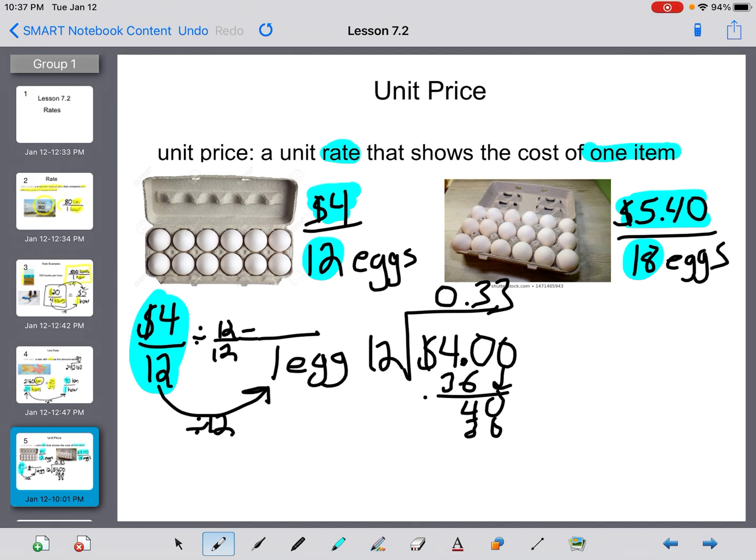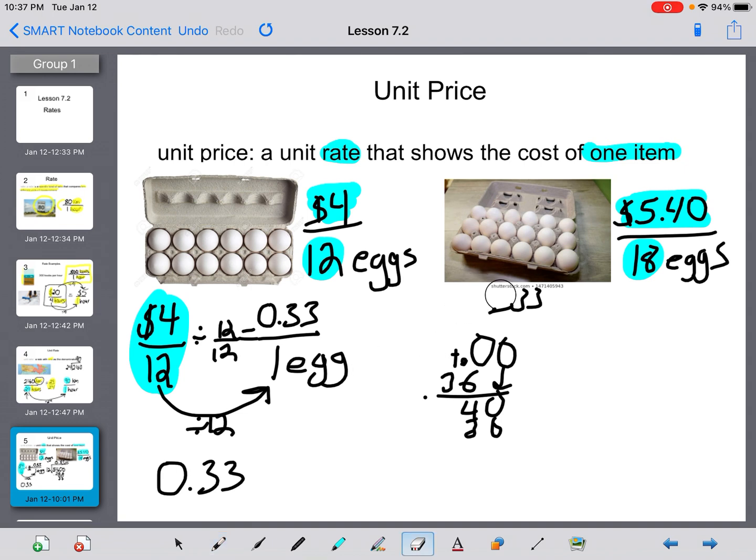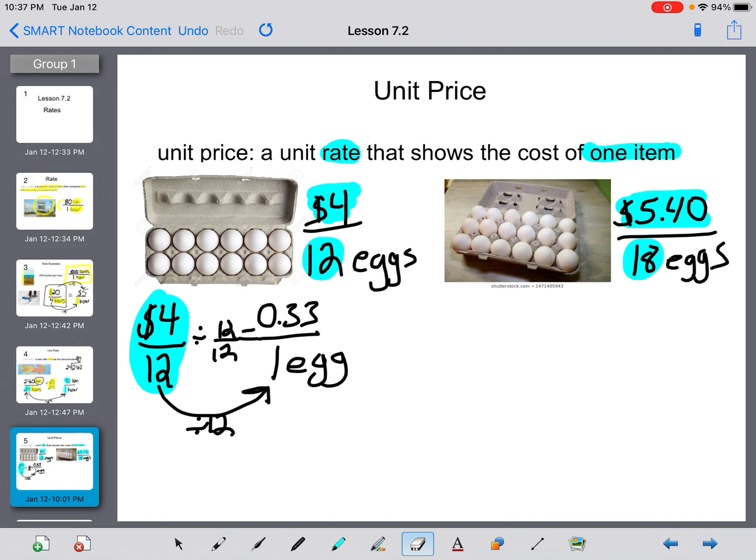And I'm quickly starting to recognize that I actually am going to end up with a repeating decimal. So what I'm going to do is I'm just going to round it to the nearest cent, which would be 0 and actually 33 cents because that 3 is repeating. So what I've actually figured out, I can put it up here. Again, sorry for the bit of a mess. I figured out if I buy a dozen eggs, it's 33 cents for one egg. Just going to erase my work here. So it's 33 cents for one egg if I buy a dozen.